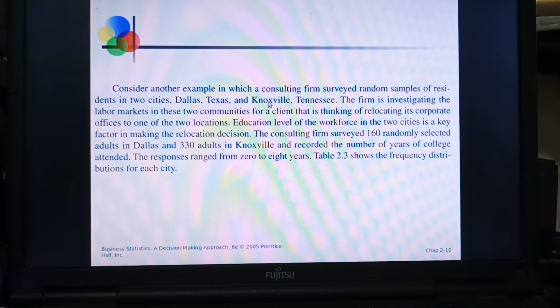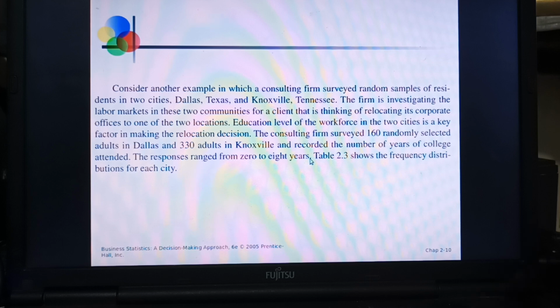The client is considering either Dallas or Knoxville. Education level of the workforce in the two cities is a key factor in making the relocation decision. The consulting firm surveyed 160 randomly selected adults in Dallas and 330 adults in Knoxville and recorded the number of years of college attended. The responses range from 0 to 8 years.